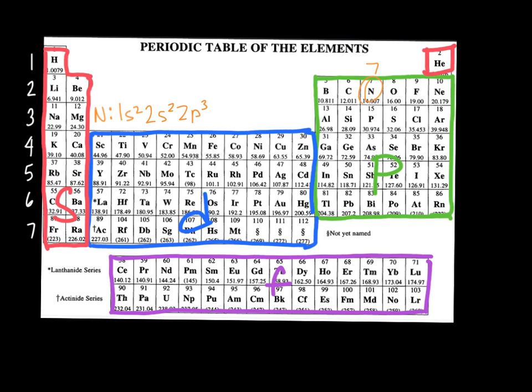All right, and so now if we do the ground state, the orbital notation, we're going to draw a 1s orbital, we're going to draw a 2s orbital, and then we're also going to draw a 2p orbital. And so there's 2 electrons in the 1s, one has to spin up, one has to spin down. 2 electrons in the 2s, one has to spin up, one has to spin down.